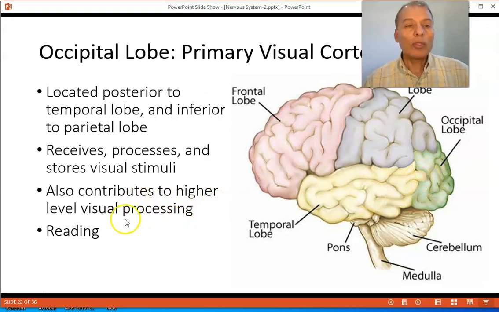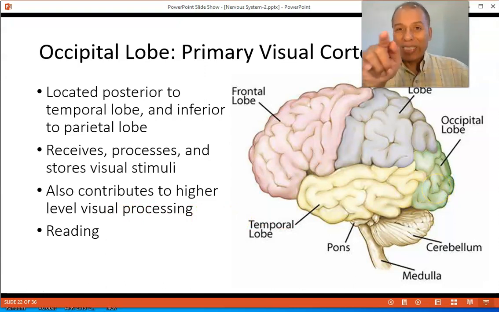It contributes to higher level visual processing, like the depth of something, perception of color, perception of distance. For example, when you look at something moving away, it becomes smaller and smaller. Something coming to you becomes bigger and bigger. That is what we mean by higher level visual processing.